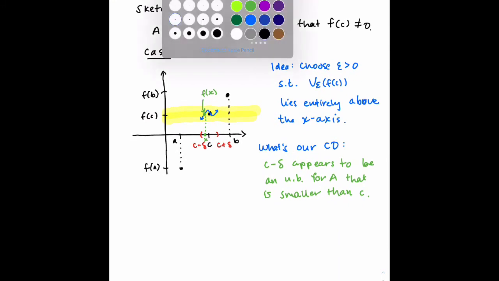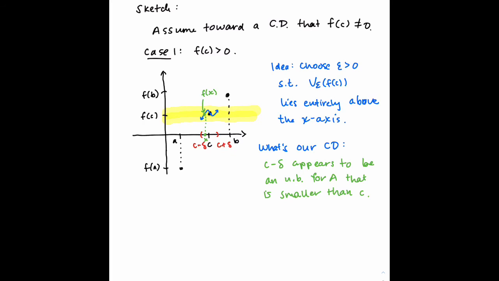So if you remember how sups work, we could use this lemma to try to see what was going on. So if this was our sup of A, then if I made sup A any smaller, usually we were subtracting an epsilon from here, but I could call that sup A minus delta. So in that way, I'm referring to this number as C, and this number as C minus delta.